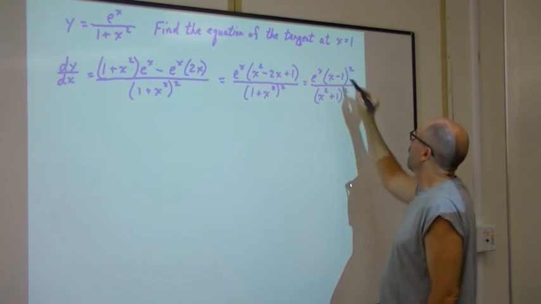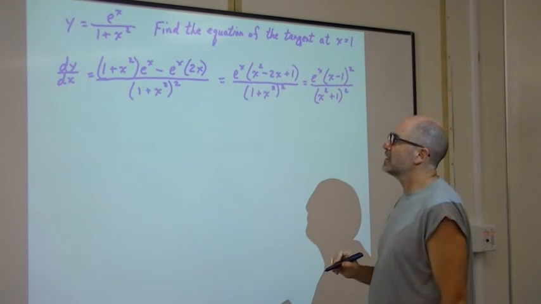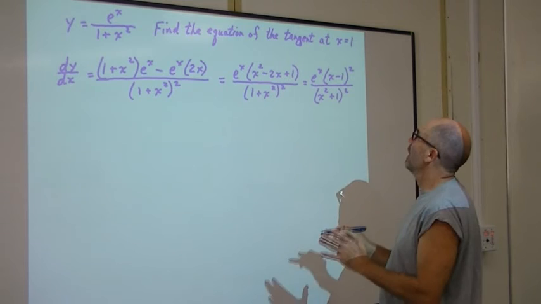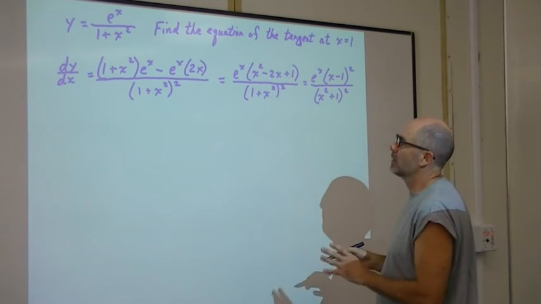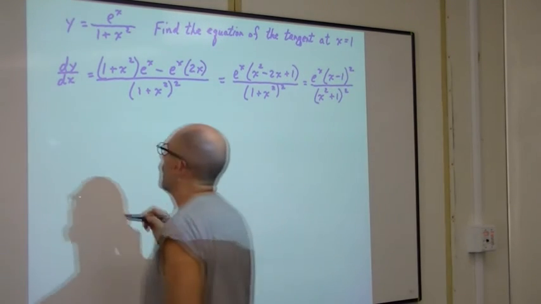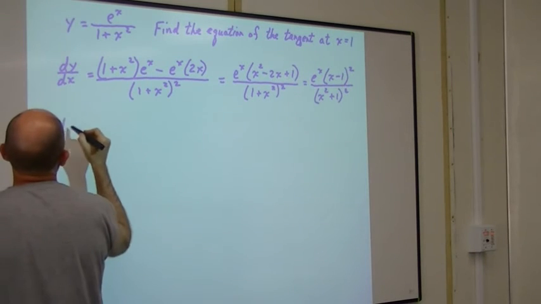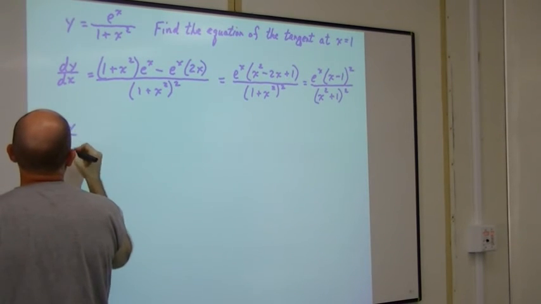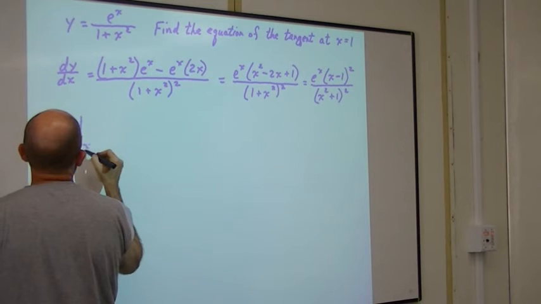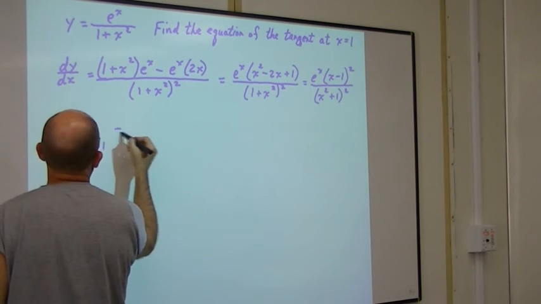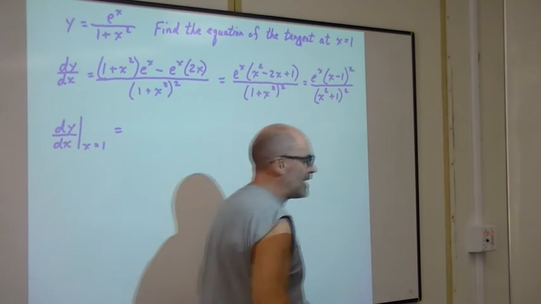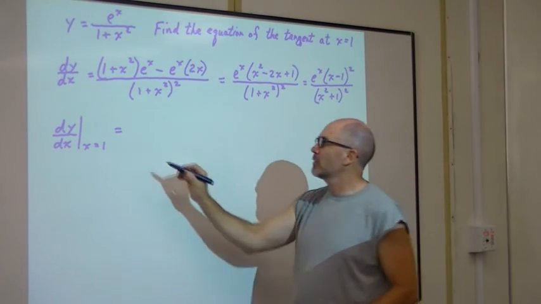So here we are. Now we want the slope of the tangent at x equals 1, which means we want the value of the derivative at x equals 1. So that's how you notate the derivative at x equals 1.